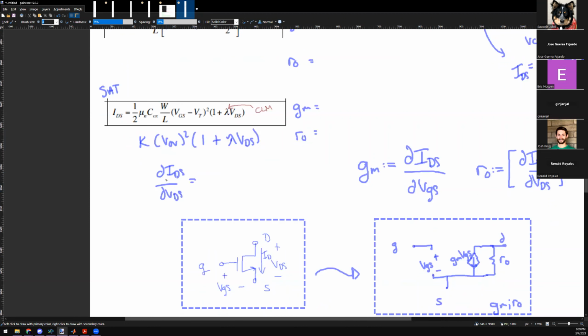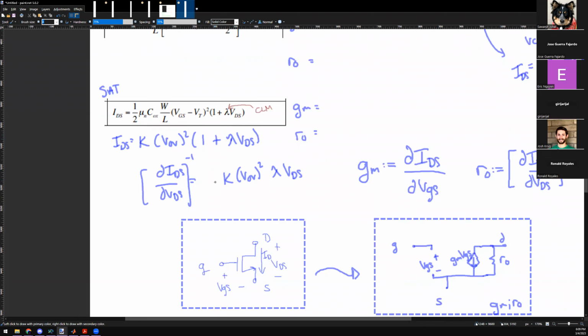Let me calculate the derivative first and then invert it. What is the coefficient of VDS? It's K VOV squared, which is just a constant, times lambda. Would you guys agree?